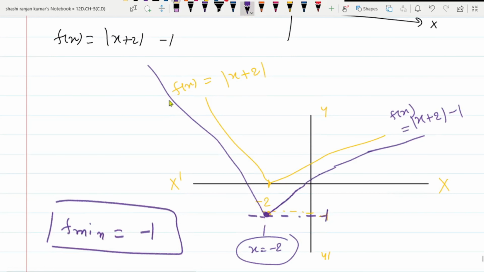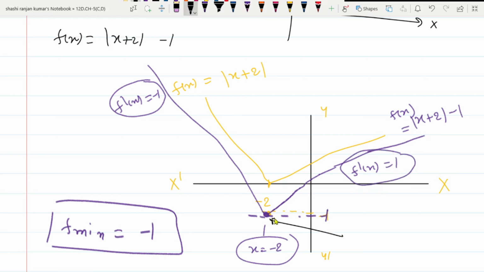Here f dash x is -1. But when you go to the right-hand side, greater than -2, the slope is changing. Here the slope is 1. If you are talking about this point, this is a non-differentiable point.